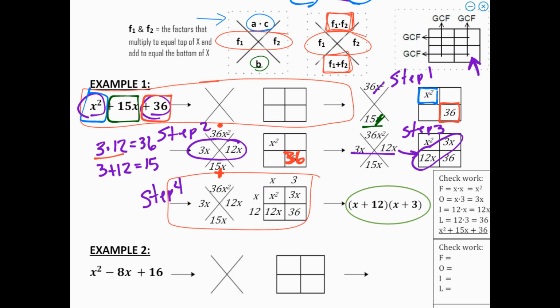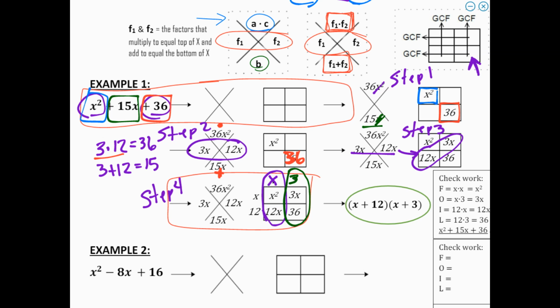To do that, we're going to say, okay, 12x and x squared. What's their greatest common factor? What do they have in common? The only thing they have in common is an x. So that's why I have an x there on top. Then I will do the same thing with this column. 3x and 36.